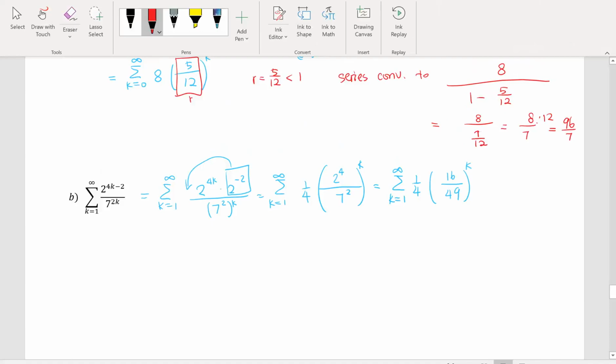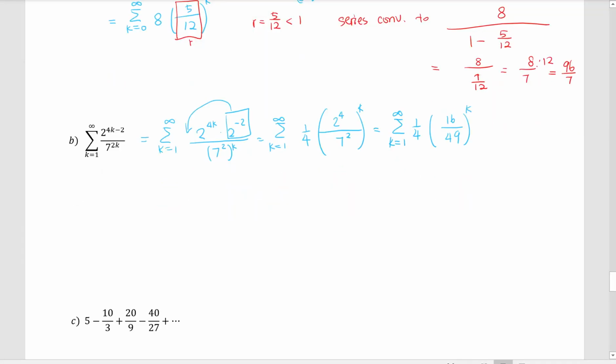Alright, so I got my, okay, so this is my r. You can see r here is still less than 1. So we still have a series that converges. The series converges to what number?